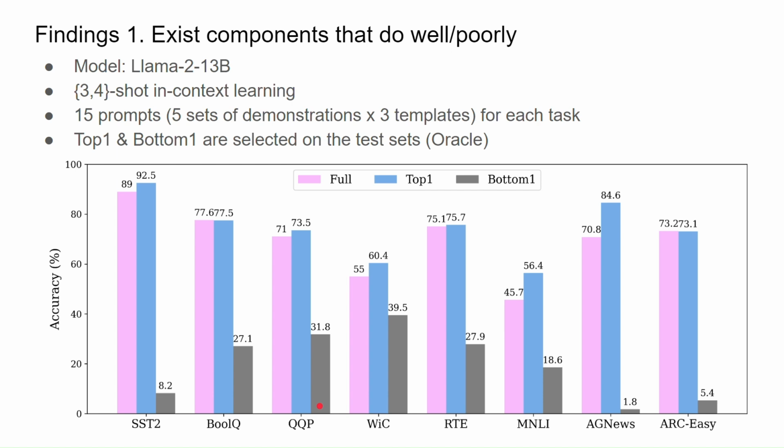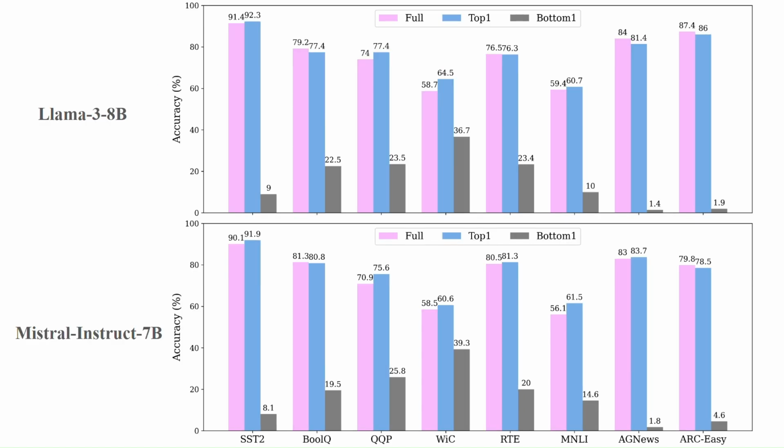So we show that inside the model, there are components that individually do well or do poorly. And the top-1 components, the blue bars here, sometimes even outperform the full models. In this figure, the model is Llama 2 13B. We also show similar findings on Llama 3 and Mistral Instruct.